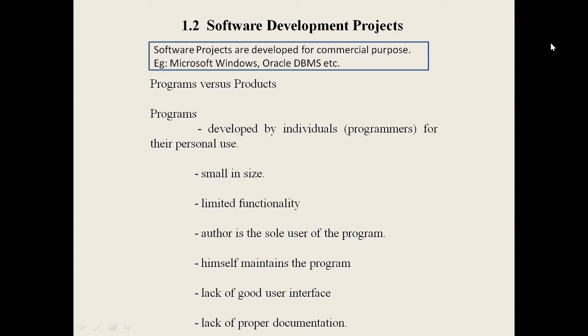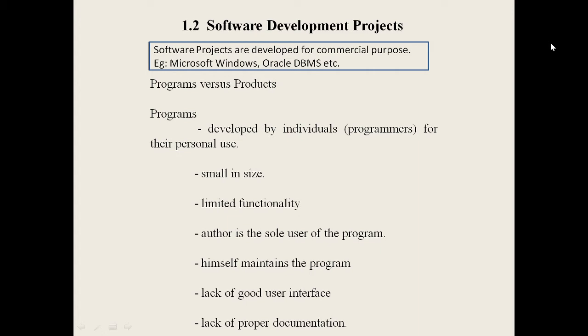So as computer science students, you are well aware of programming, so you can specify the difference between a program and a product. A product is always software. As we said earlier, products are considered fully developed software, which will be used by a specific business organization, or for any other purpose.